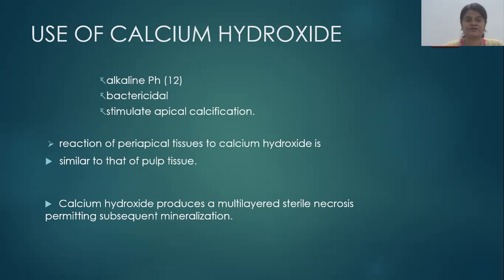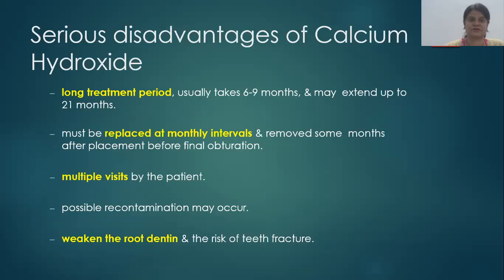The reaction of the periapical tissues to calcium hydroxide is similar to that of the pulp tissue. Calcium hydroxide produces a multi-layered sterile necrosis, permitting the subsequent mineralization of the tissue surrounding it.